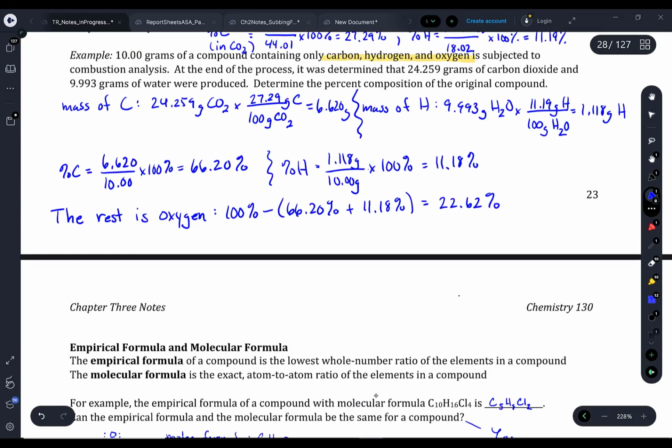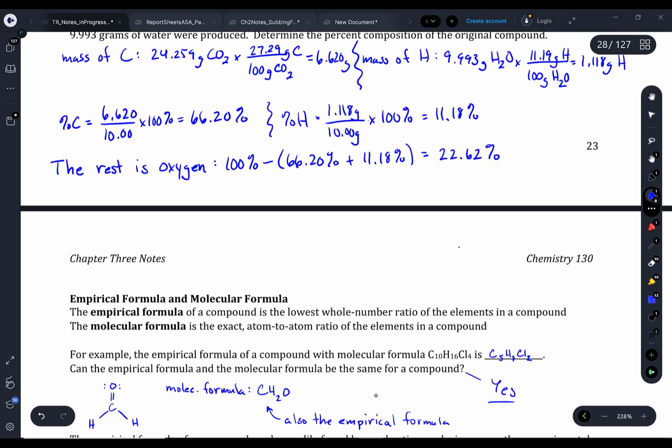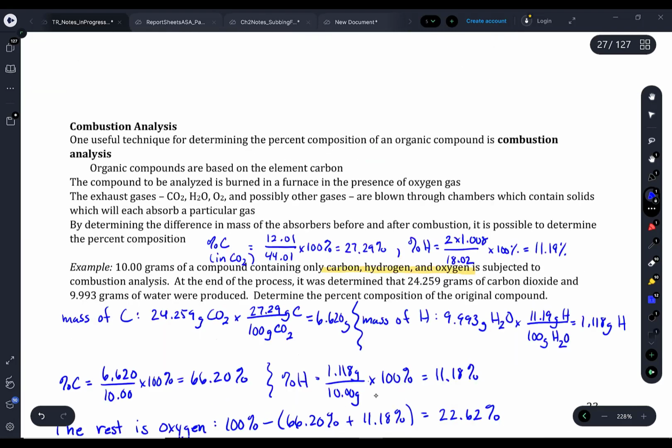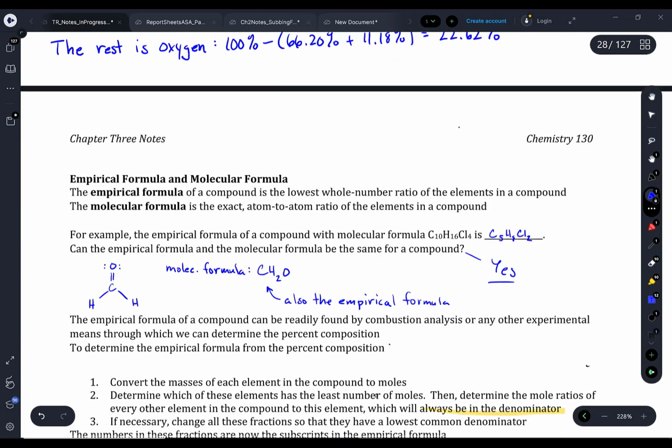So if some people can remember this for me. So 66.20, 11.18, and what was oxygen? 22.62.